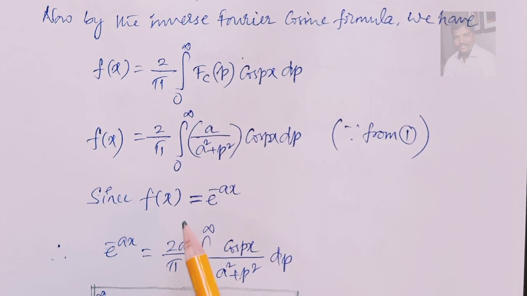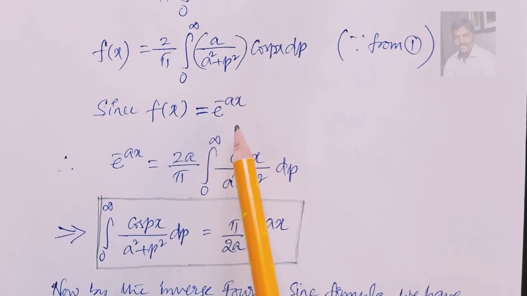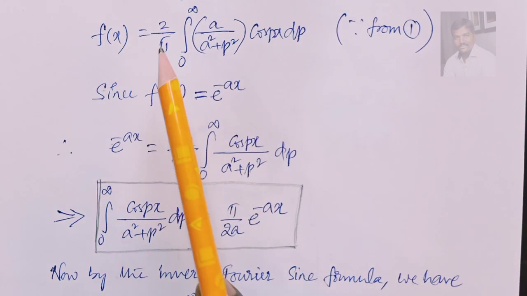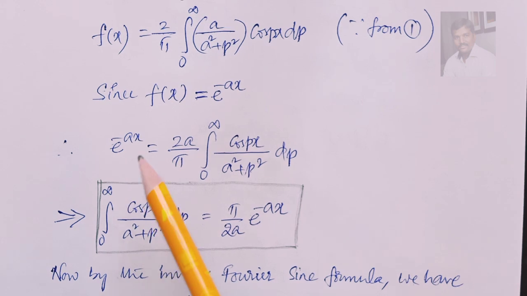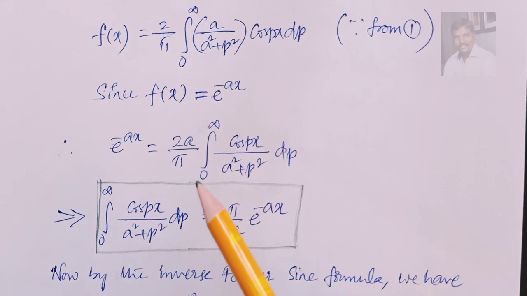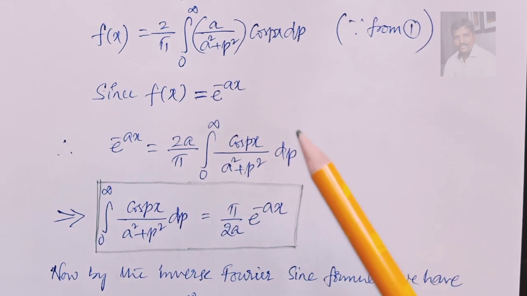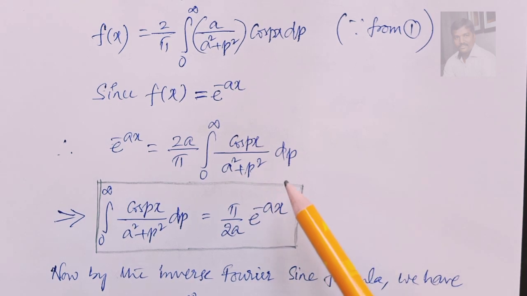Since f(x) is equal to e^(-ax), we get e^(-ax) equal to 2a by pi times the integral from 0 to infinity of cos px by (a² + p²) dp.